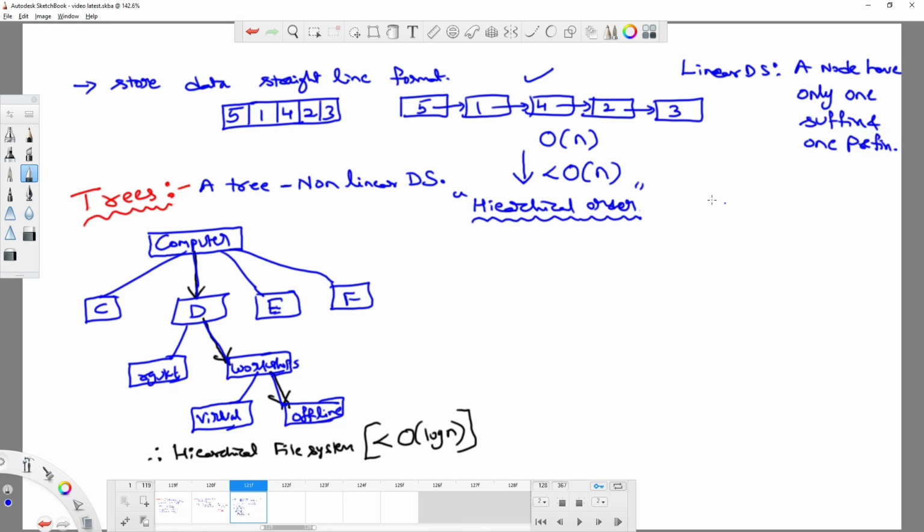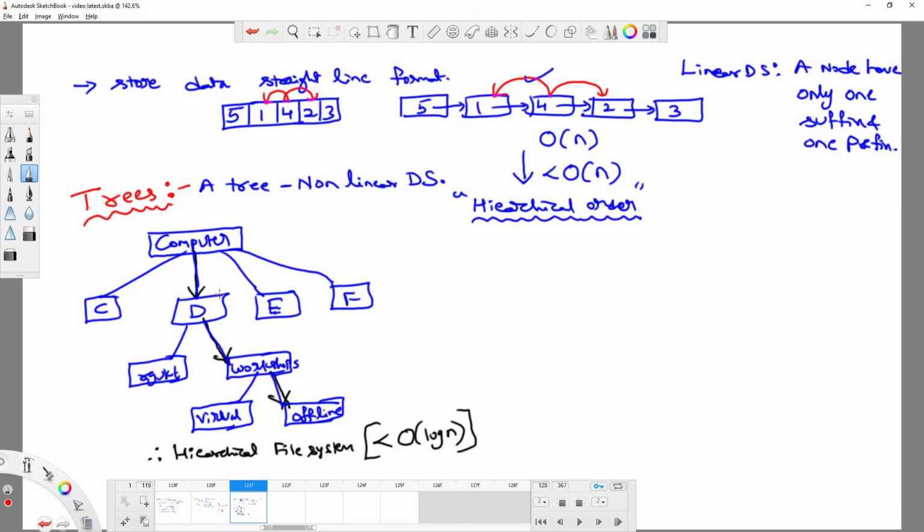If a node is connected with only one suffix and one prefix, then we call it a linear data structure. If you take the example of arrays, 4 is prefix with 1, 4 is suffix with 2. That's it. If you take the linked list, 4 is prefix with 1 and suffix with 2. That's it. If it is connected to only one element, I can call it a linear data structure.